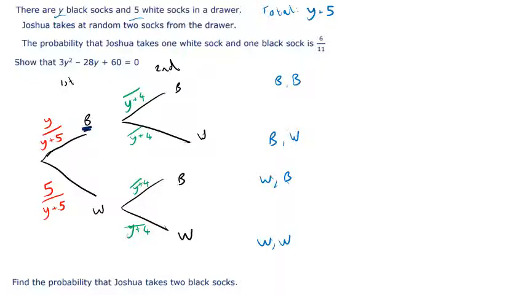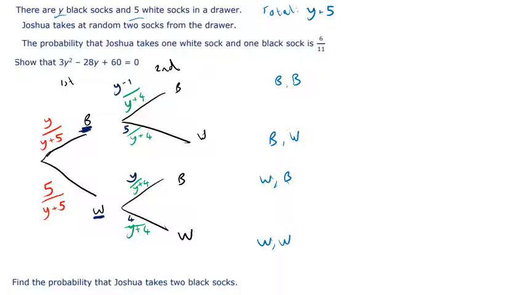There were y black socks, he takes 1 out, so there are now y minus 1. Now, he's taken out a black sock, but there's still the same number of white socks, so there are still 5 white socks in the drawer. Down here, he's taken out a white sock, so there are still y black socks in the drawer, but he's taken out a white sock, so there's only 4 of those left.